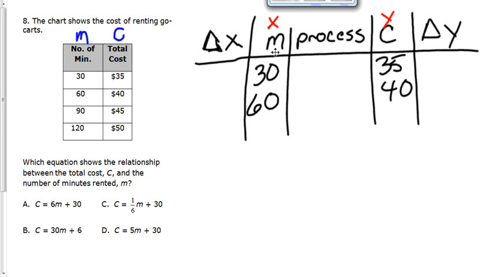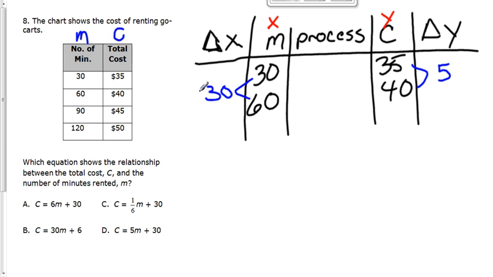I have my M, which is actually my x, process, my y, which in this case is going to stand for our C, our total cost. So I want my change in y, my delta y. If I look at this, my change in y is going to increase by 5, versus my change in x, my delta x. That actually increased by 30.